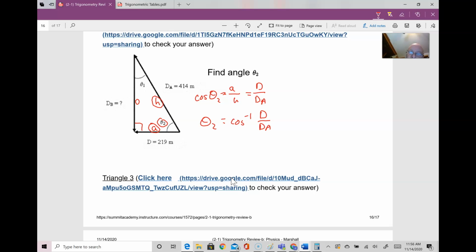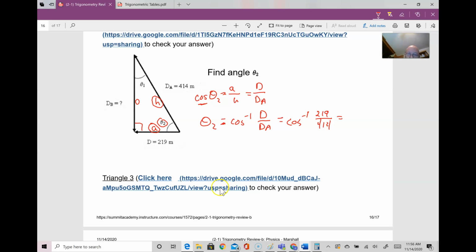So all I'm doing is taking that angle out and saying I want that angle. In order to find that angle, I need to use this function to the negative first. I've got to reverse it. And that's going to equal the cosine to the negative first of, oh yeah, D is 219 over 414.